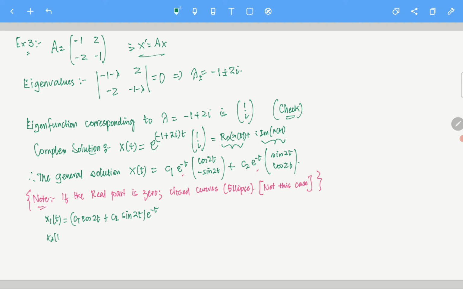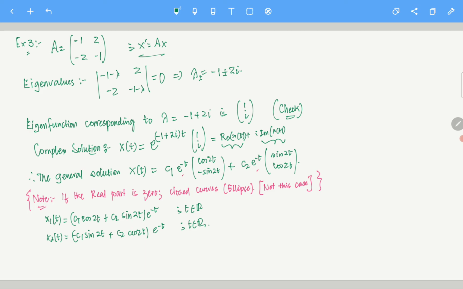And x2(t) is c1 times minus sine 2t, plus c2 times cosine 2t, times e power minus t. Of course t varies over R. Now x1(t) and x2(t) are given like this.